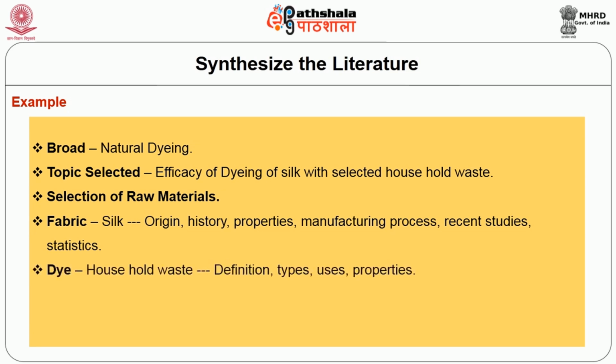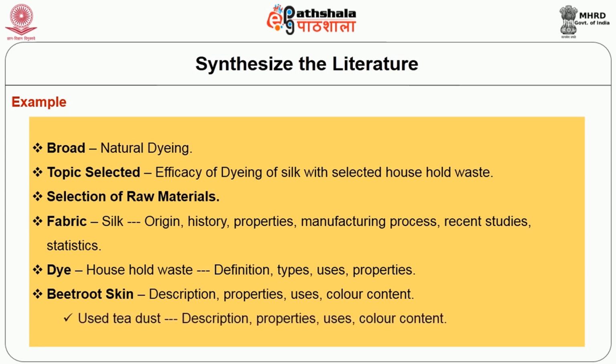The other raw material will be the source for dye, which is household waste, which also can be defined, with types, uses and properties. Under this, we can select two types of household waste, which are beetroot and used tea dust waste. This can be subdivided like description, properties, use and color content.